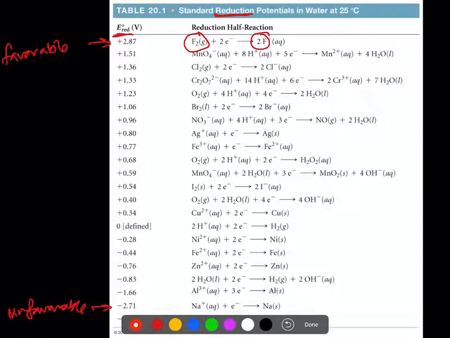Fluoride ions have a full valence. That makes sense based on everything we've talked about this school year. Which also means if fluorine is readily reduced, meaning it readily takes on electrons, what does that mean about it? It means that it is a good oxidizing agent.